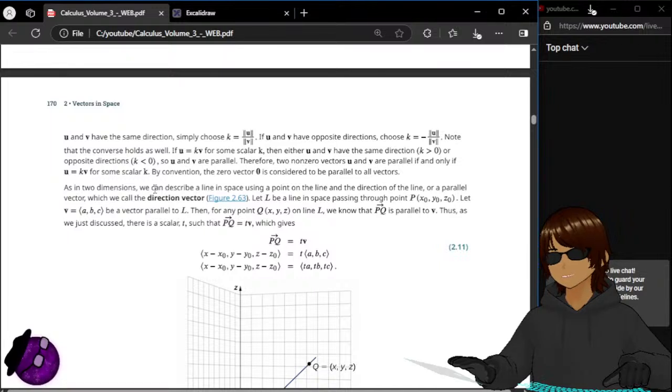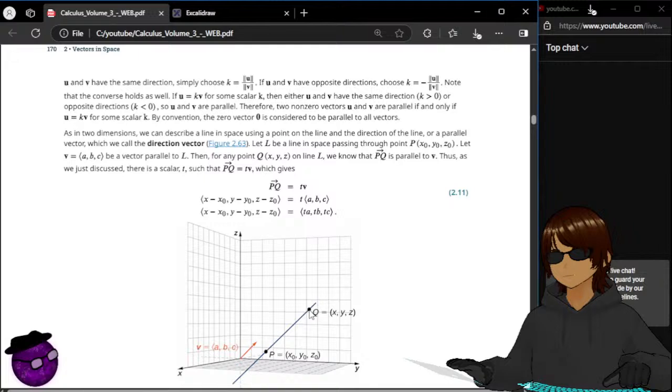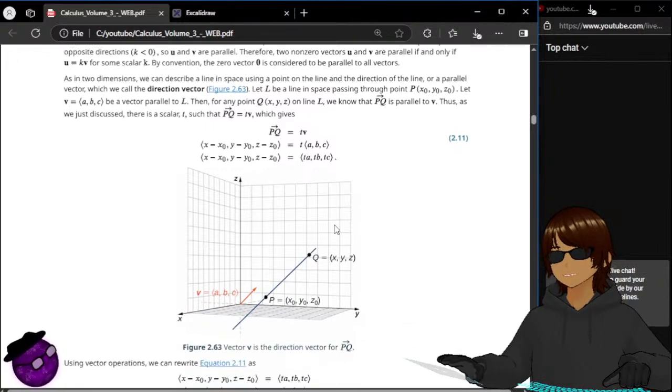As in two dimensions, we can describe a line in space using a point on the line and a direction of the line or a parallel vector which we call the direction vector. Let L be a line in space passing through point P, so x0, y0 and z0. So P is over here.